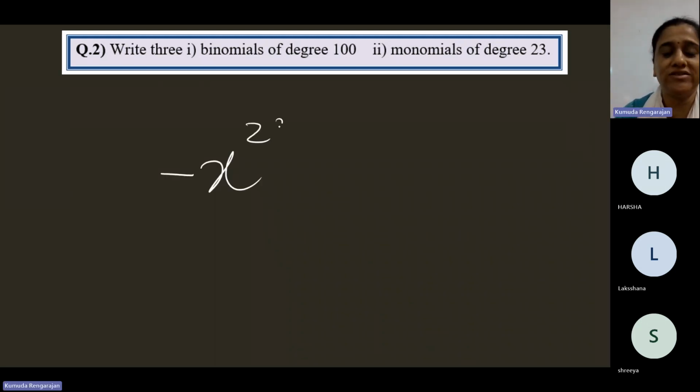Minus x to the power 23. Very good. Minus x to the power 23. Monomial of degree 23. This is a monomial. Only one term of degree 23. You can use more than one variable also. If that condition is not given, that you should use only one variable, you can use more than one variable.